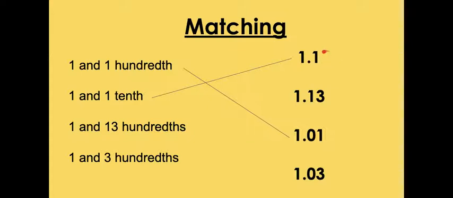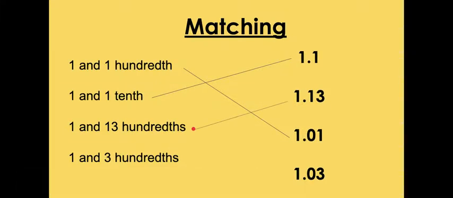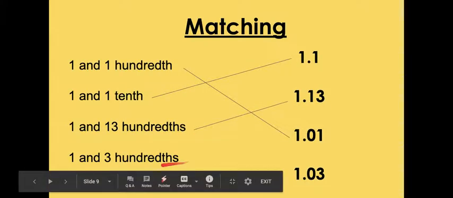But usually we say that as 1 and 10/100ths. All right, 1 and 13/100ths. This one's pretty easy because you see the number 13. 1 and 13/100ths. There goes our dog. And the next one is 1 and 3/100ths.